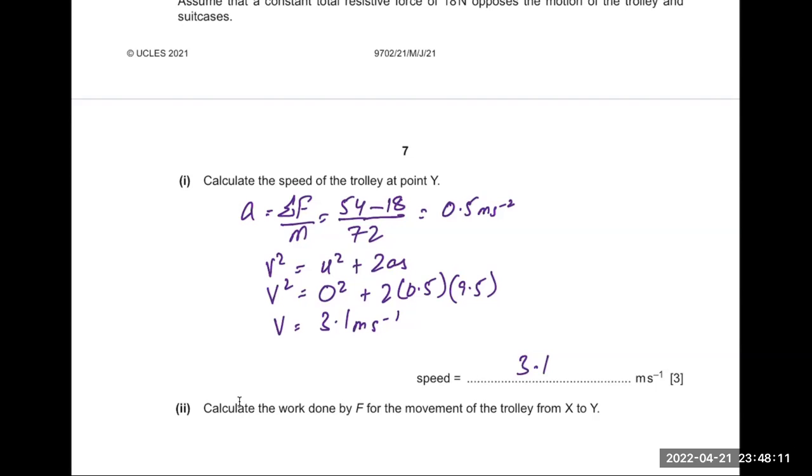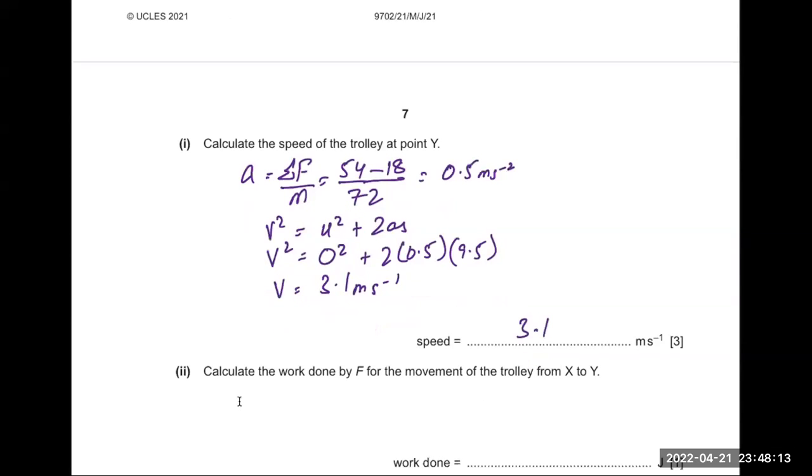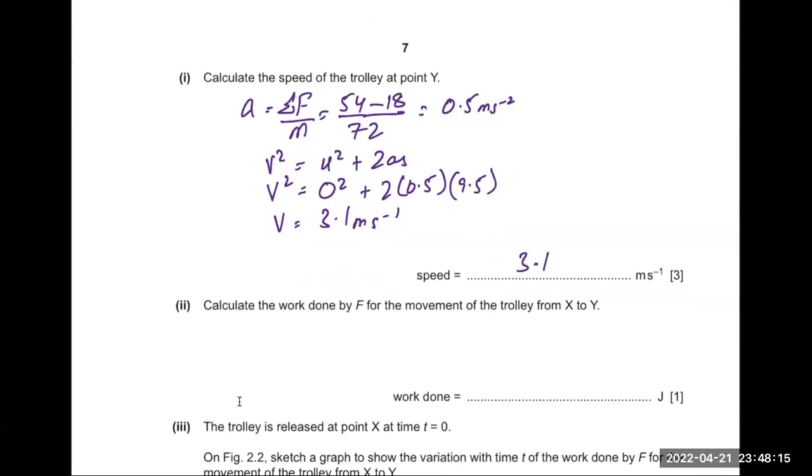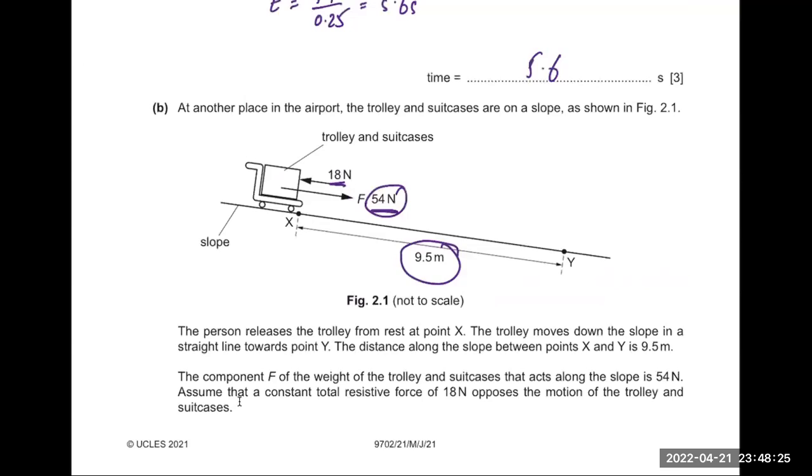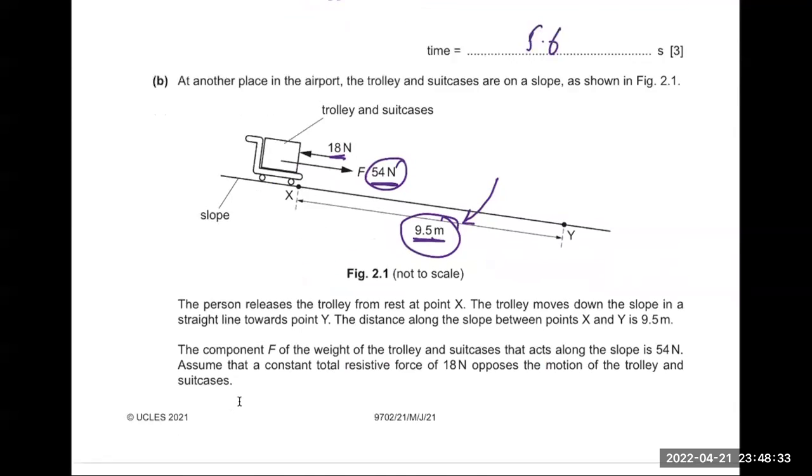Part 2 says, calculate the work done by F for the movement of the trolley from X to Y. They're asking you for the work done by force F. What is force F? It's 54 newtons. What is the distance moved by the trolley in the direction of force F? 9.5 meters.